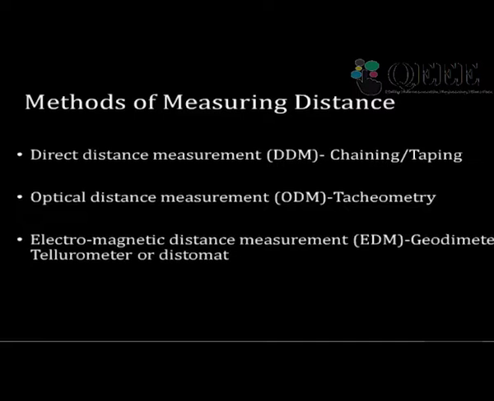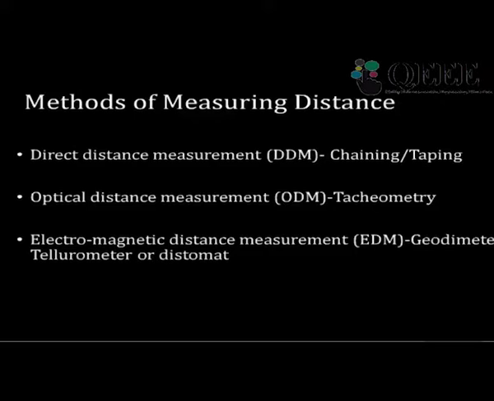Next we will go to the methods of measuring distance. Normally we can have three different categories of measuring distance. One is direct distance measurement, that is chaining and taping. Directly you will be measuring the distance between two objects using a chain or tapes. The second one is optical distance measurement.